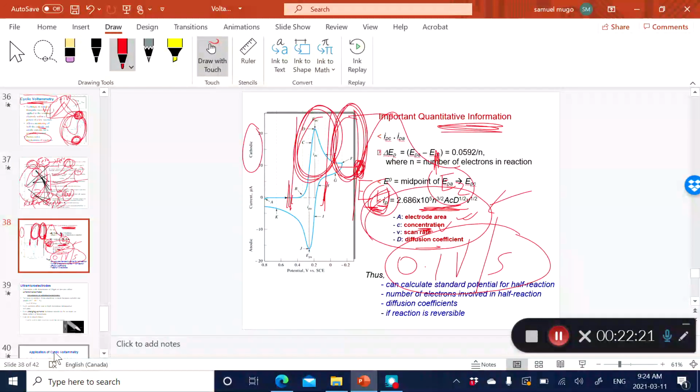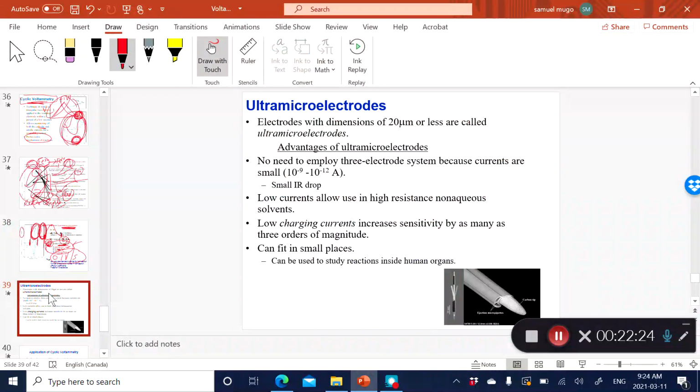and cyclic voltammetry specifically. For that reason, especially the nature of the electrode surface and the electrode surface area, lots of people are working on making microelectrodes, ultramicroelectrodes, because as I mentioned earlier, small electrodes typically have a high surface area to volume ratio.